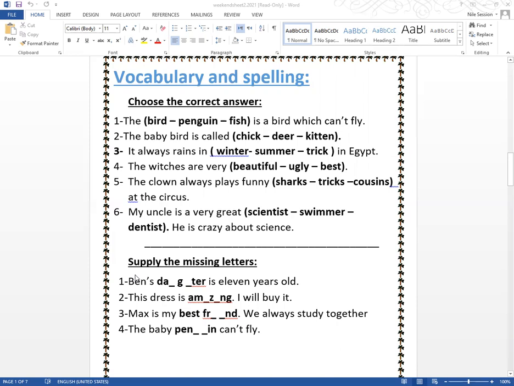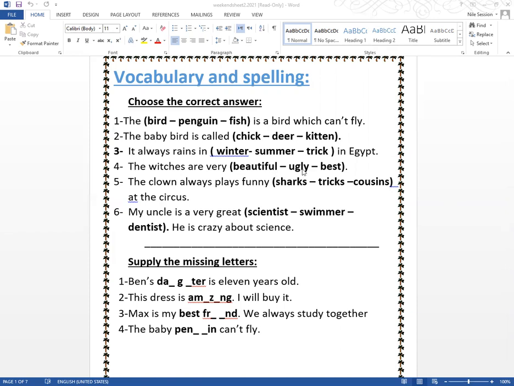Question number 1, choose the correct answer. 1, the penguin is a bird which can't fly. 2, the baby bird is called chick. 3, it always rains in winter in Egypt. 4, the witches are very ugly.